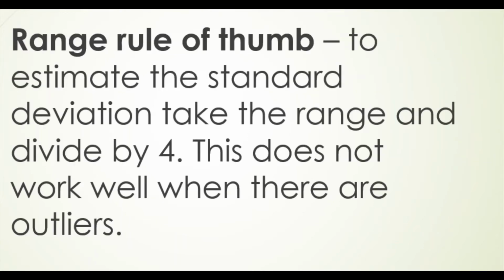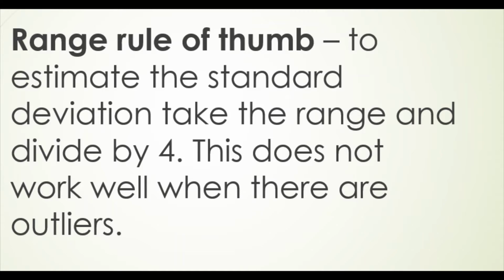Now, that standard deviation calculation is fairly complex. And so we have a quick rule of thumb just to get an idea of what the standard deviation will be. The range rule of thumb is to estimate the standard deviation by taking the range and dividing by 4.